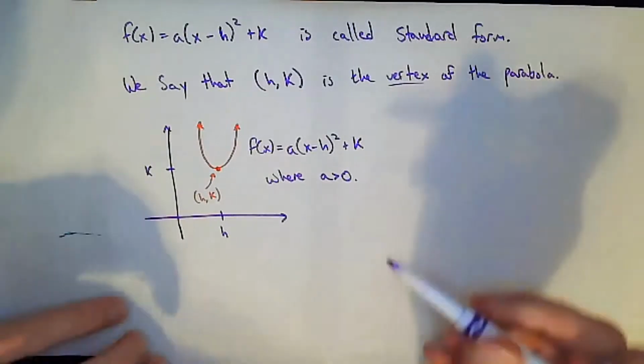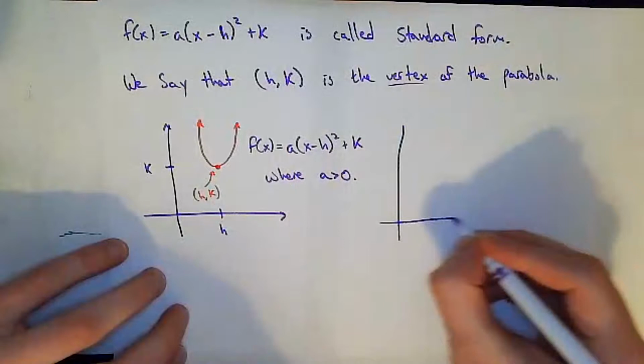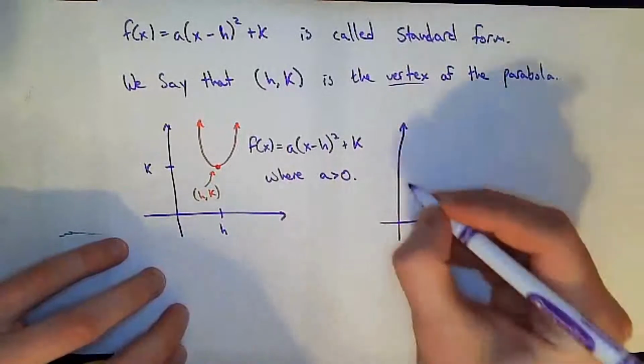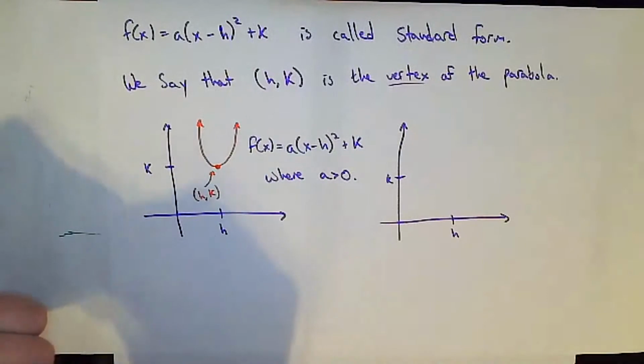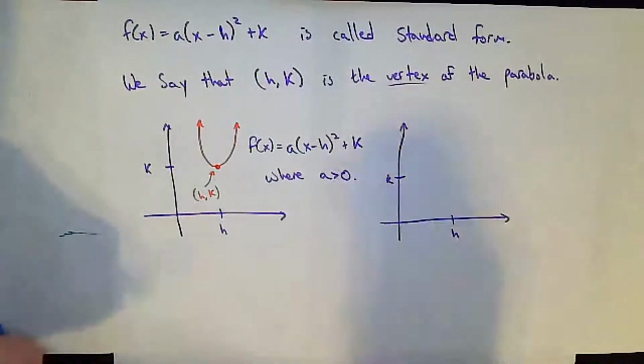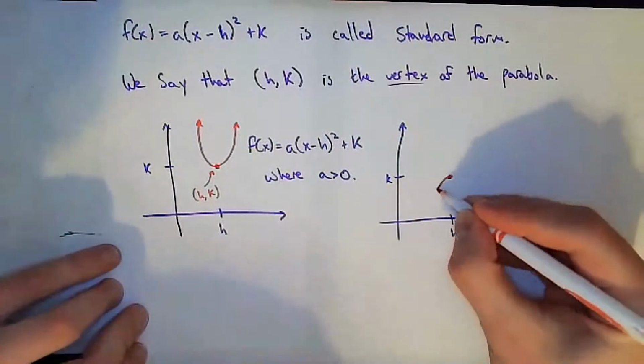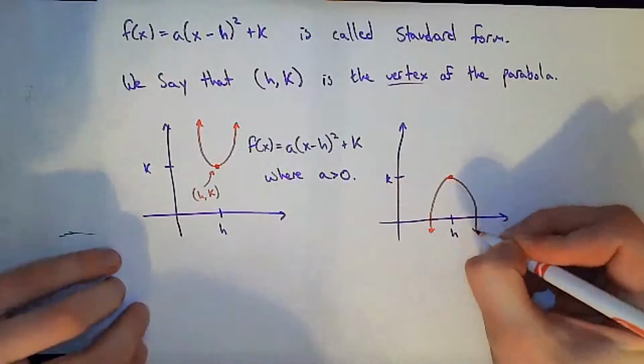Okay, then I could have another case where maybe I have the same h and k, but this time the parabola points down like this.